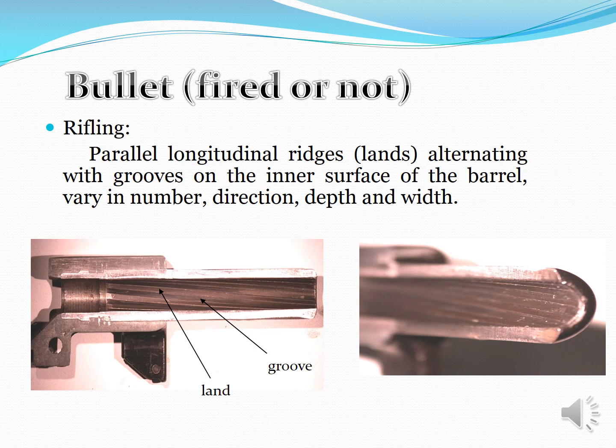What are the rifling marks? Rifling marks are the longitudinal ridges, lands, alternating with grooves on the inner surface of the barrel, varying in number, direction, depth and width. Okay, this is inside the barrel of the weapon. Like this, the barrel has alternating ridges and grooves. Okay.